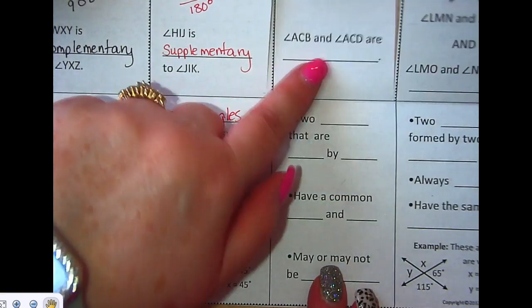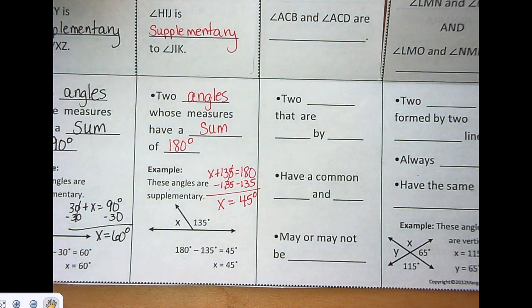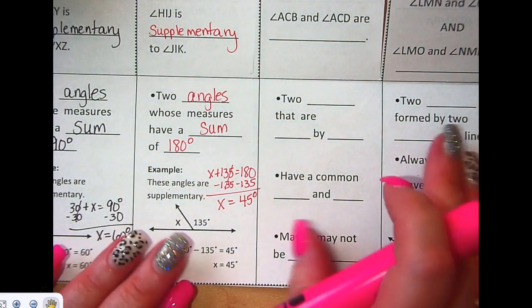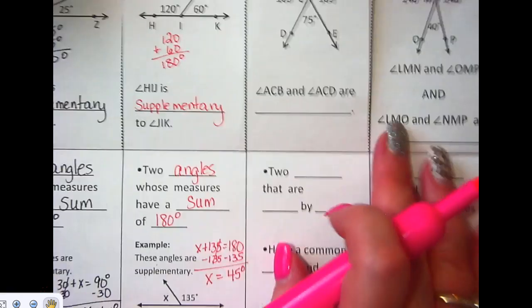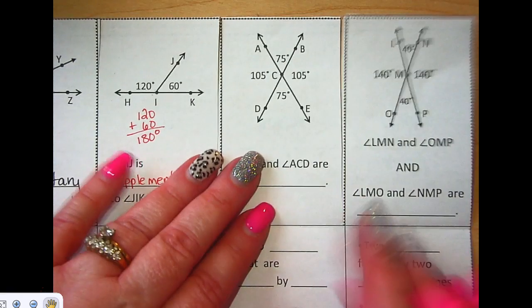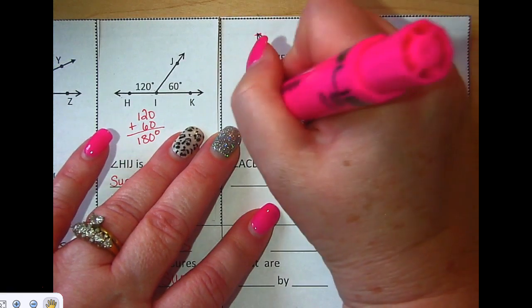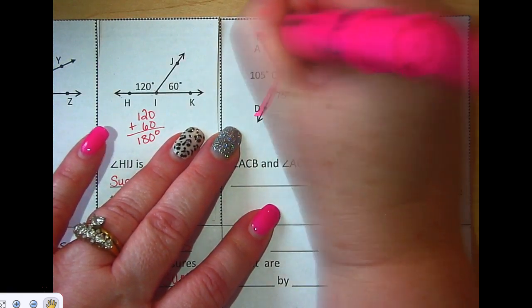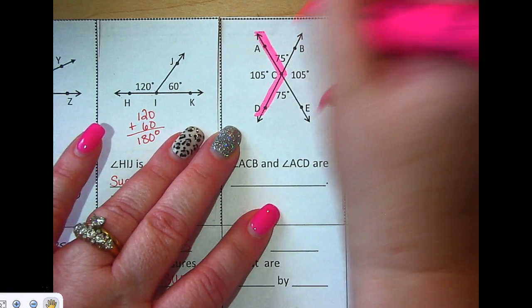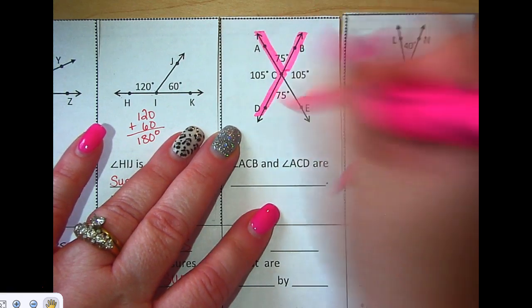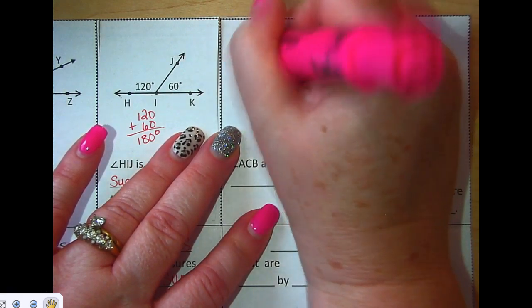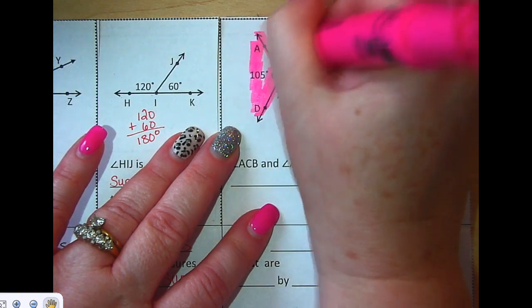Adjacent angles. What are adjacent angles? Side by side. They share a common wall. So here we're going to look at angle DCA and this one. We'll call these two adjacent angles.